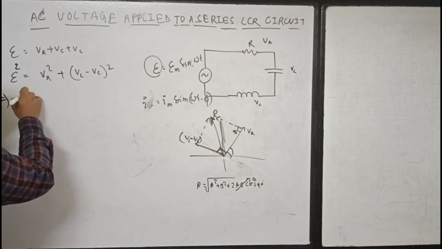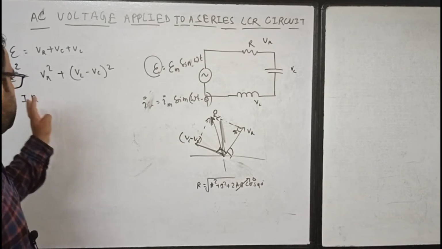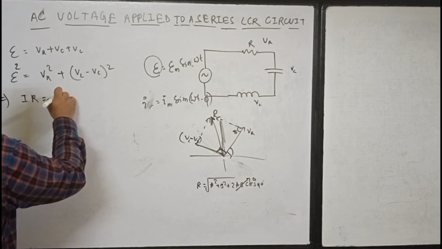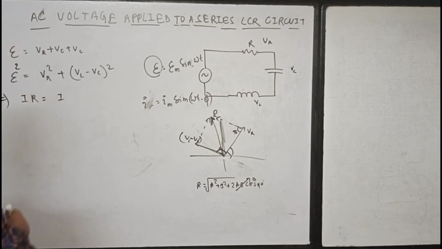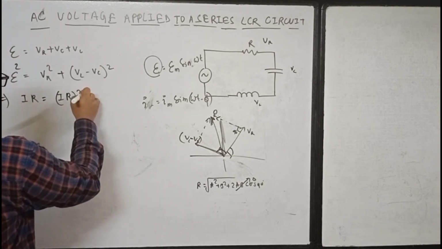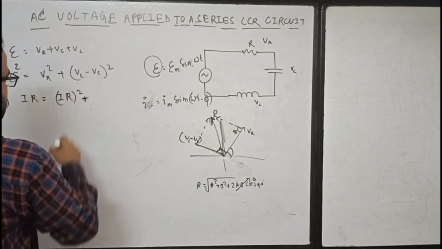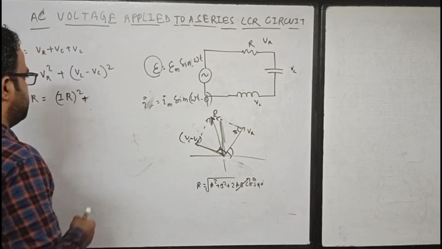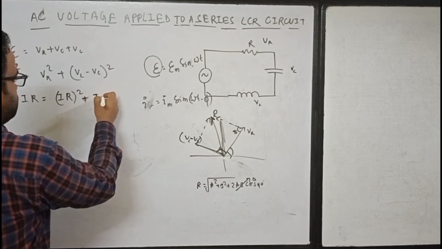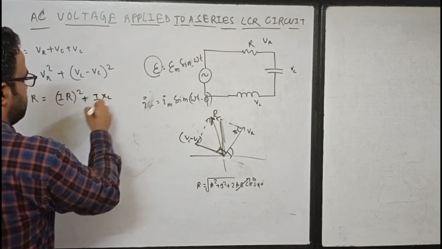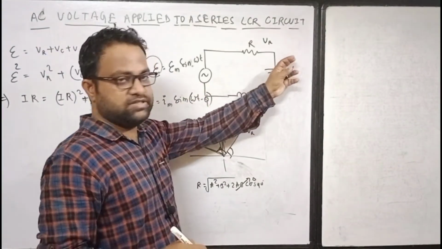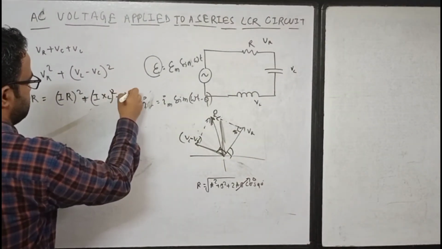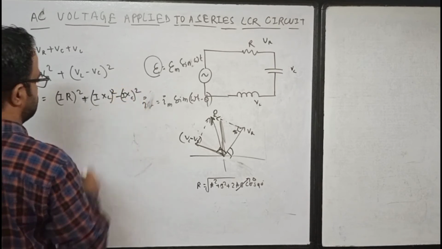So E is equal to I into R, the total current and resistance, equal to VR which is I into R, whole square, and VL you can write as I into XL, the resistance across the inductor, and across the capacitor XC. So E square equals I R whole square plus I XL minus I XC whole square.